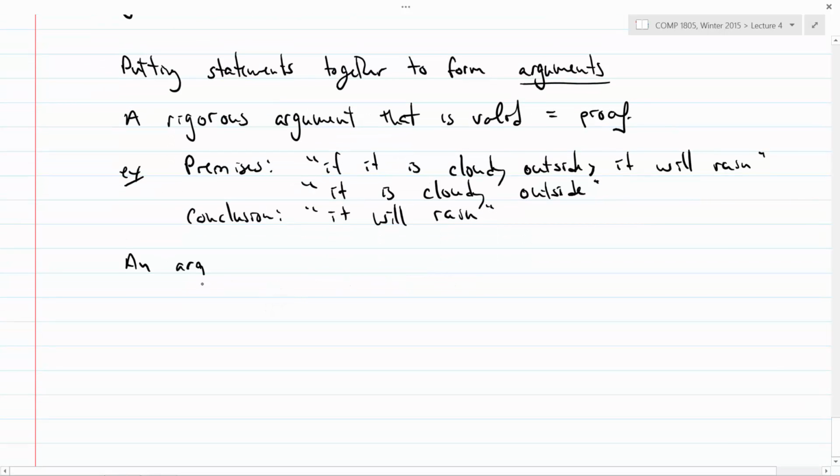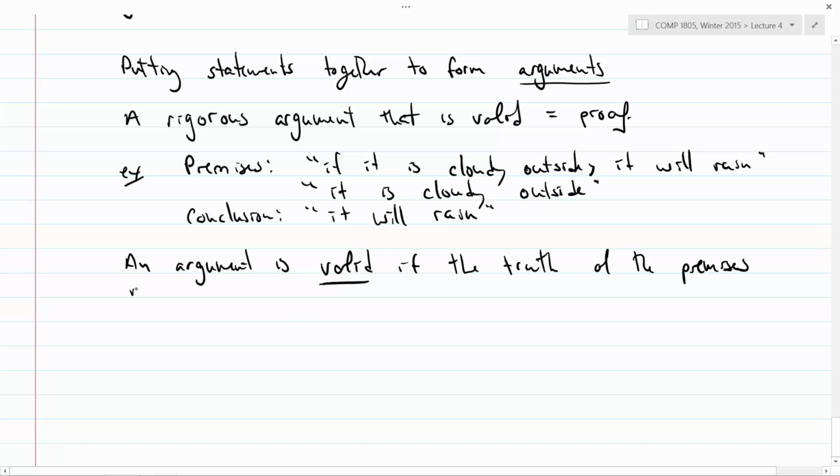So an argument is valid if the truth of the premises implies the truth of the conclusion. That's what it means for an argument to be valid.